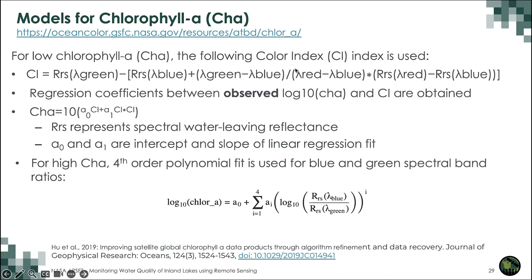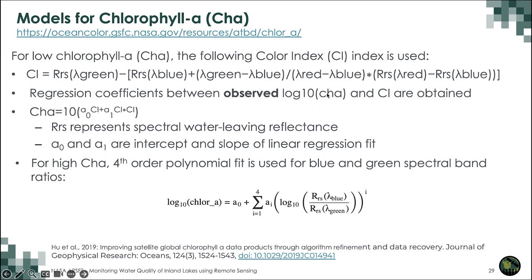So this algorithm was derived starting from SeaWiFS to MODIS, and it's been used to get chlorophyll A concentration. Here is the reference, Hu et al., which describes CI. So what you do is you have in situ observations of chlorophyll.